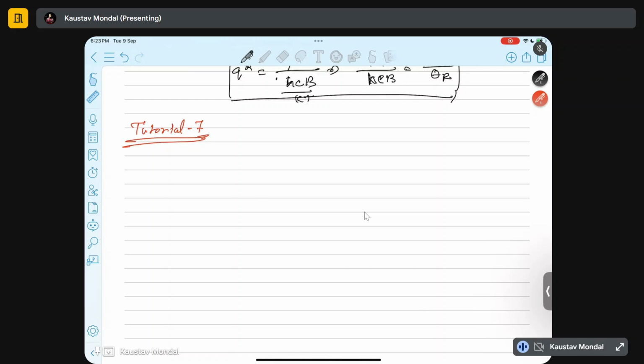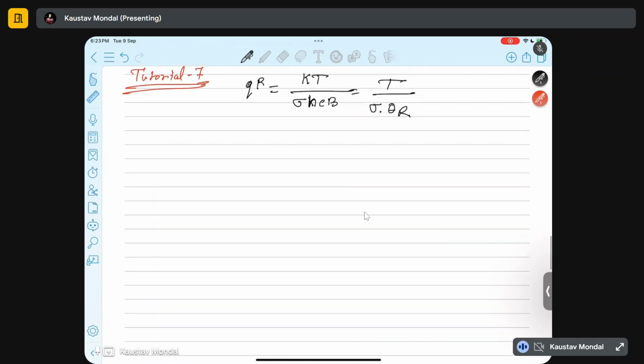There is a symmetry number involved in the expression of qr. The modified qr including the symmetry number looks like this: qr equal to kT by sigma hcB, or T by sigma theta. Here sigma is the symmetry number.